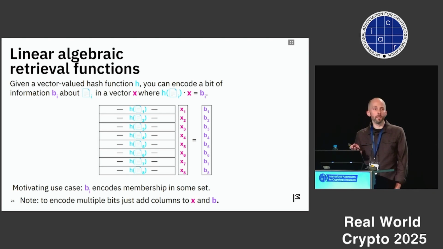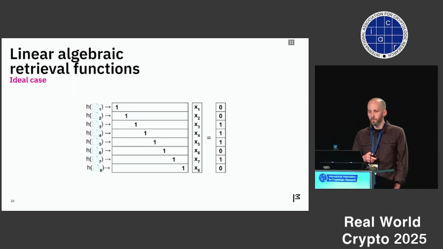Motivating use case here would be that B encodes membership in some set. And you can extend this to encode more than 1 bit of information to create a k-bit retrieval function just by adding more columns to the X and the B terms. The ideal case, you would have some minimal perfect hash function so that after row reduction, your system was diagonal, and you could just write down the values for the X terms.